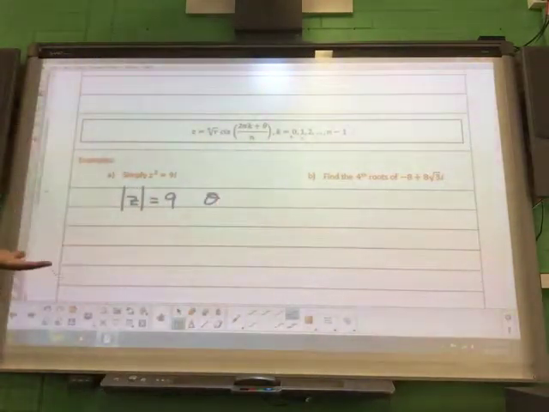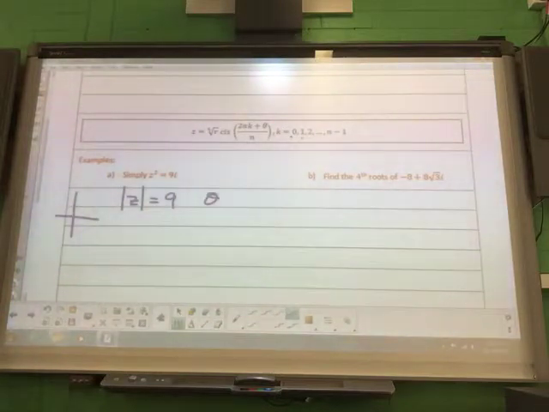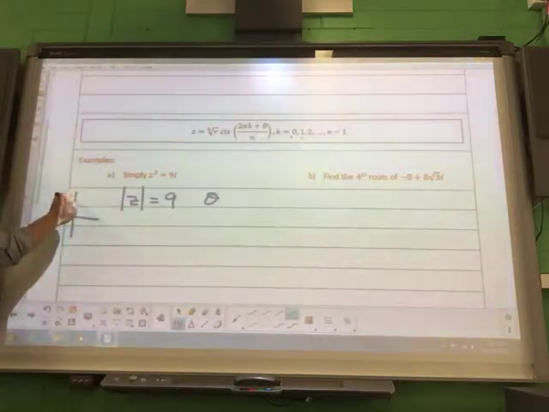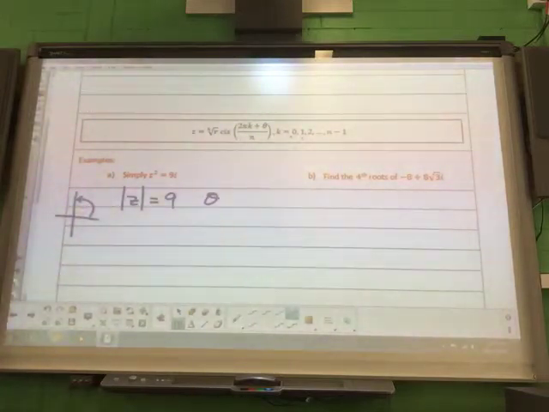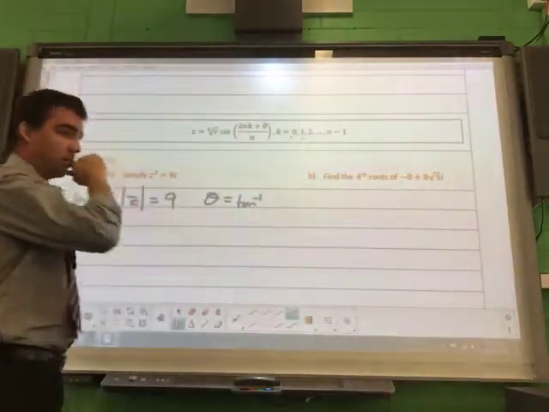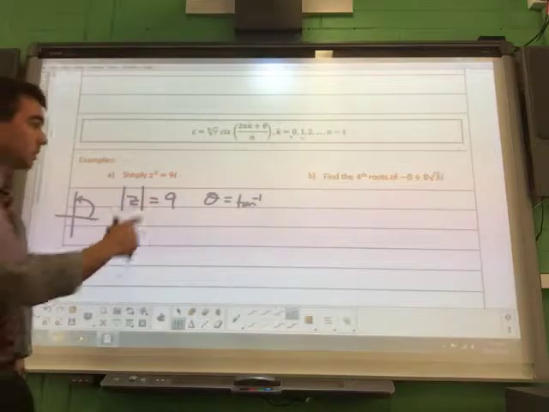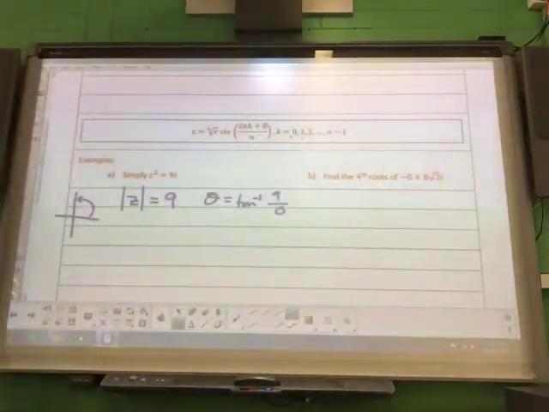What's the argument, or angle, of a complex number on the positive imaginary axis? Where is 9i? On there, isn't it? What is the argument? Yep, so it's pi on 2. In other words, theta is tan inverse of y over x, so it's going to be 9 over 0, and of course we can't divide by 0.